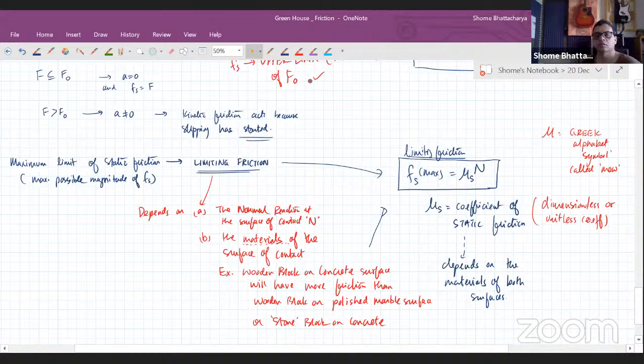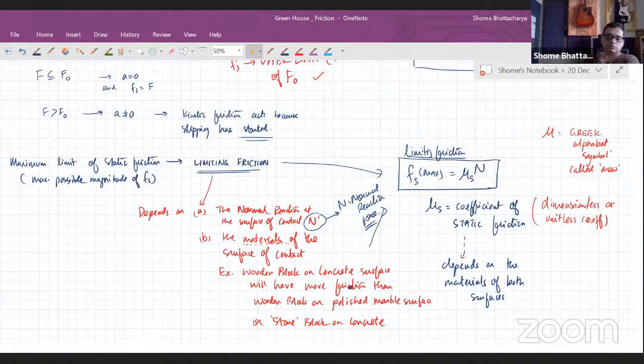N is the normal reaction force. Yes, just write this down right now.